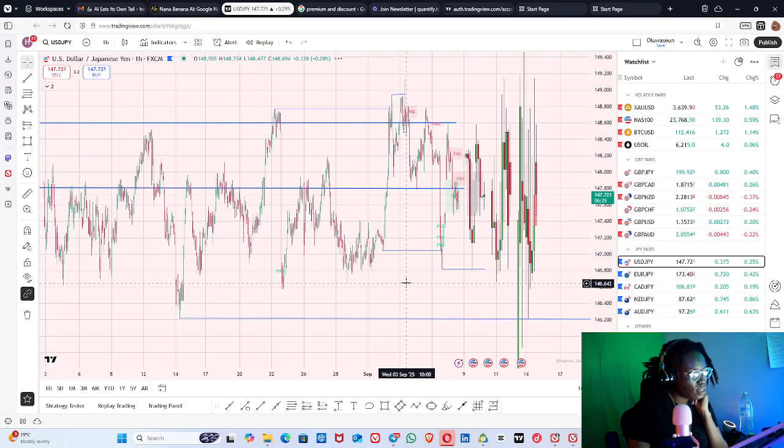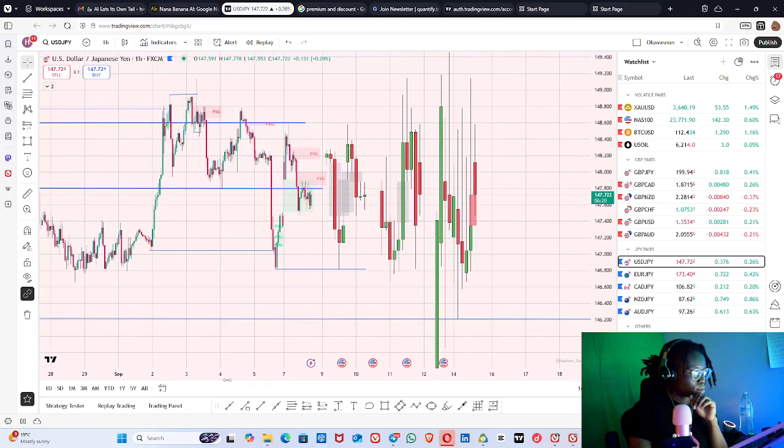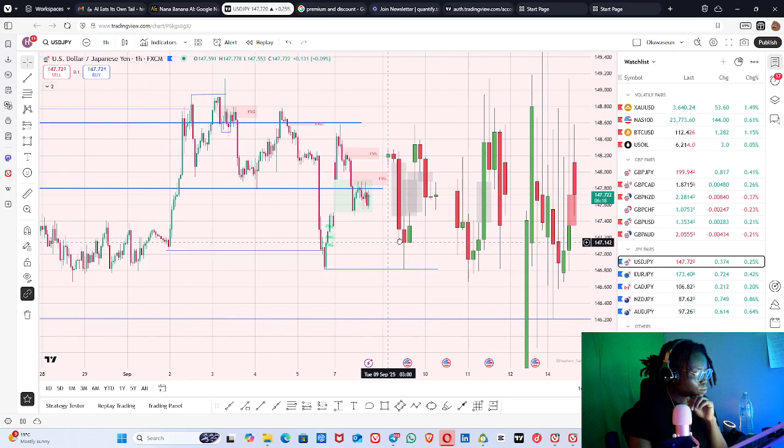UJ actually tapped into that zone to buy. It has actually swept this. I'm expecting it to take this high before I see any stuff.